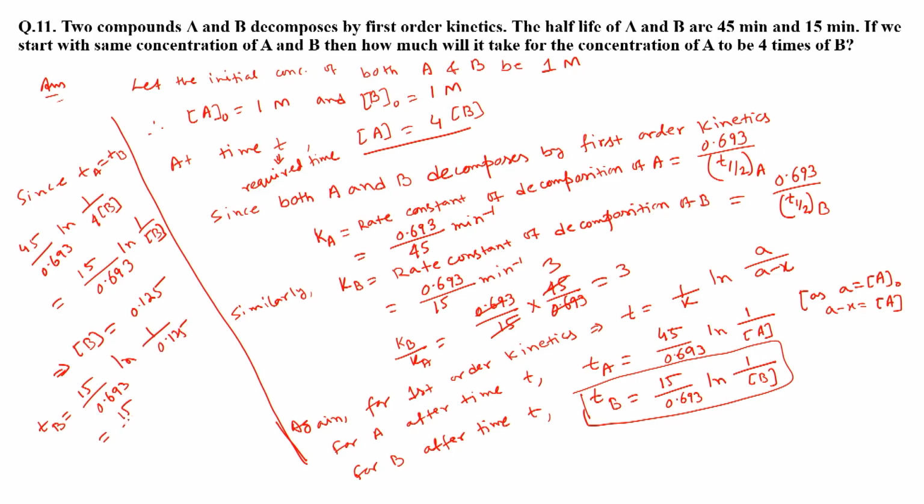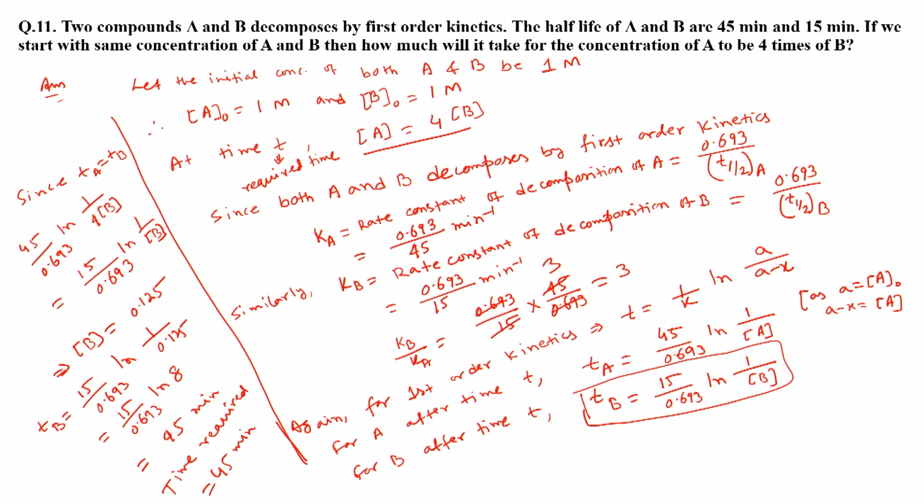So, we get 15 by 0.693 times ln 8, this is in minutes. If you calculate this, we get 45 minutes. So, the time required is 45 minutes. This is a very good problem.